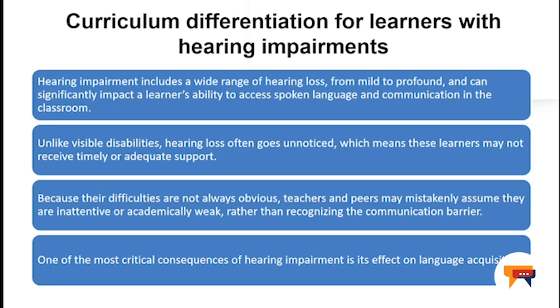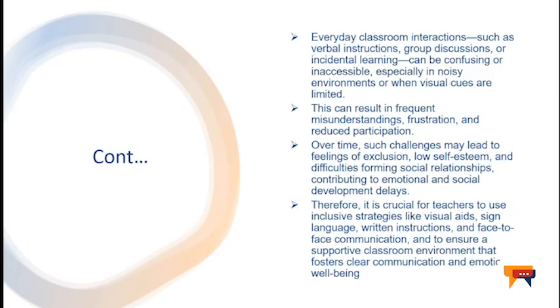And one of the most critical consequences of hearing impairment is its effect on language acquisition. Everyday classroom interactions, such as verbal instruction, group discussion, or incidental learning, can be confusing or inaccessible, especially in noisy environments or when visual cues are limited. This can result in frequent misunderstanding, frustration, and reduced participation.